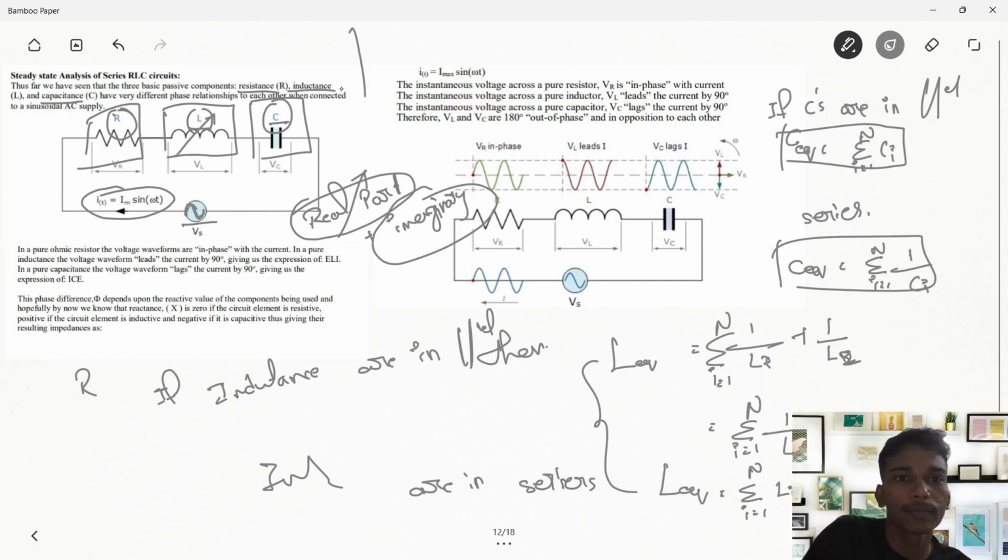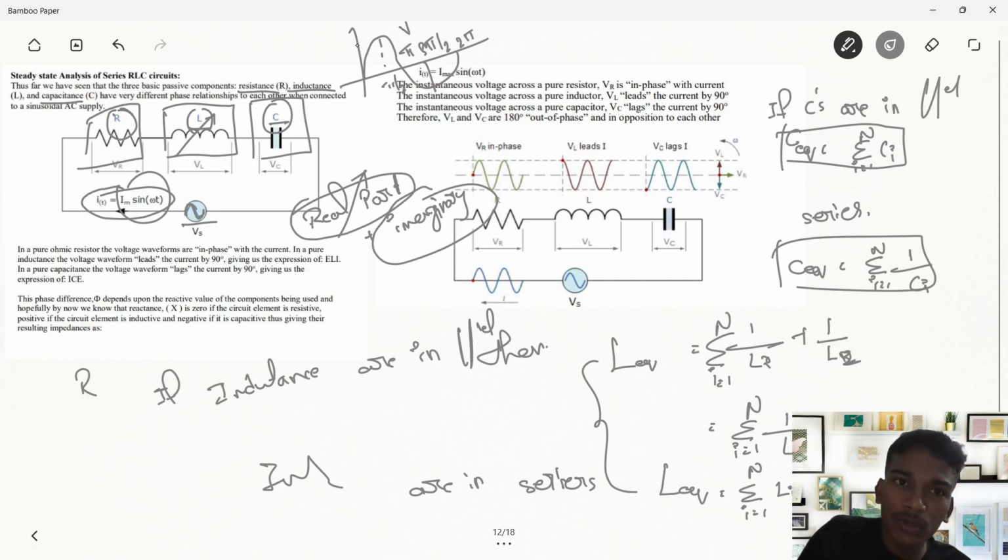Just consider my original curve starts over here, let's consider it's V, then pi by 2, pi, 3 pi by 2, 2 pi. Because it's a sine curve, I'm taking it as a sine curve.